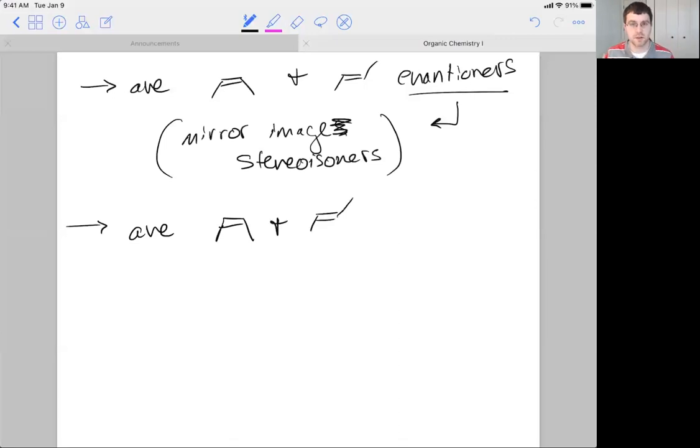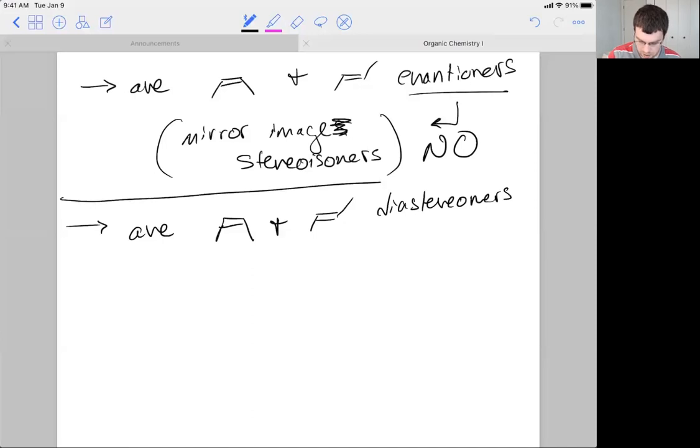What are diastereomers? I had this rule about wedges and dashes and some flipping, but not all flipping. That works as a mnemonic or heuristic to help you identify when diastereomers are present. But in general, the definition is that diastereomers are non-mirror image stereoisomers.